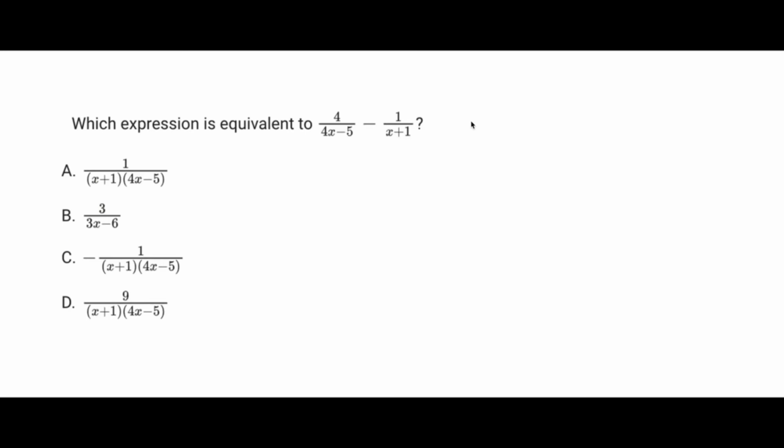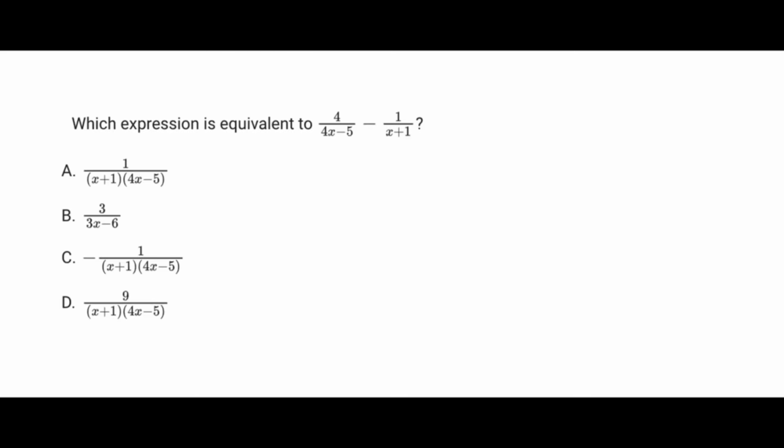Which expression is equivalent to 4 over 4x minus 5 minus 1 over x plus 1? So we have a bunch of answer choices here, and the first thing we want to do to simplify this for equivalent expressions is just get the same denominator, right? That way it's easier to work with, and we can actually do some arithmetic.